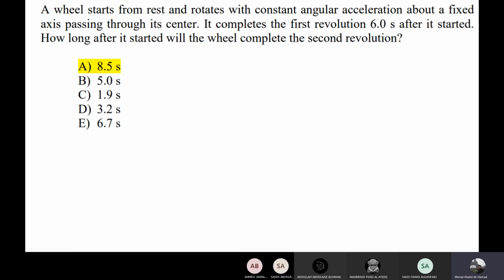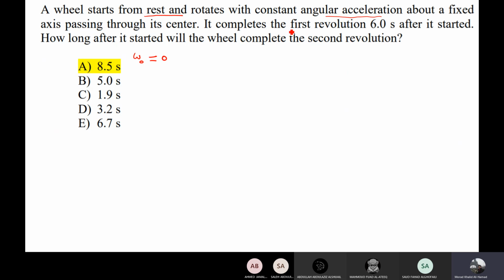For example, here we have a wheel that starts from rest, which means omega 0 is equal to 0, instead of v0. It rotates with constant angular acceleration, which means we can use the equations of motion, about a fixed axis passing through its center.